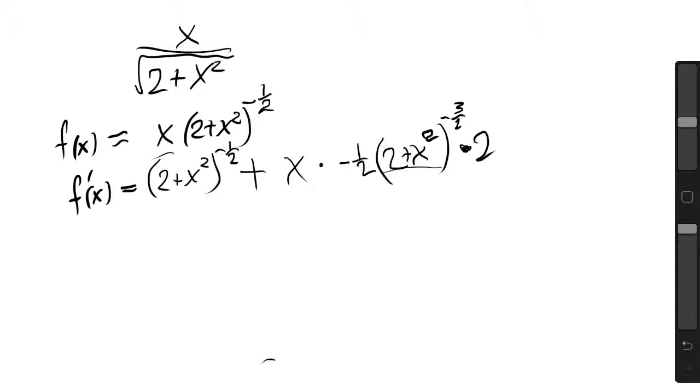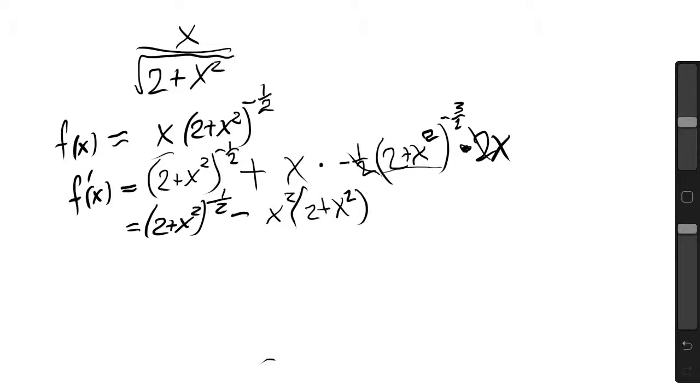So multiply by 2x, and with this whole thing we can cancel a few things out, and we should be left with 2 plus x squared to the minus a half minus x squared over 2 plus x squared to the 3 on 2.